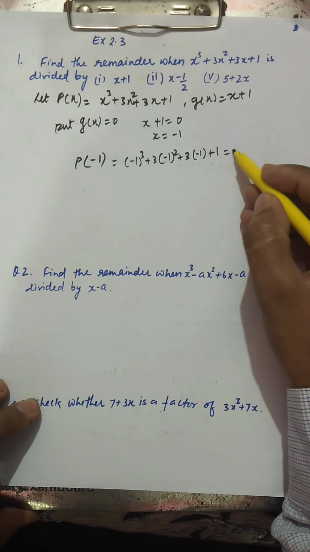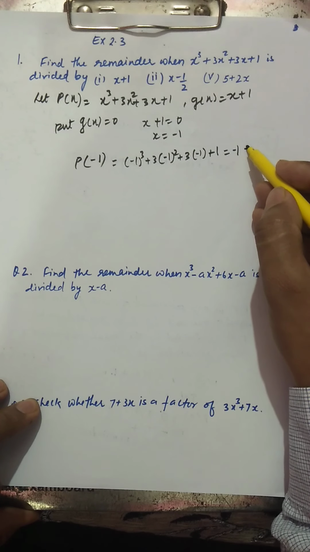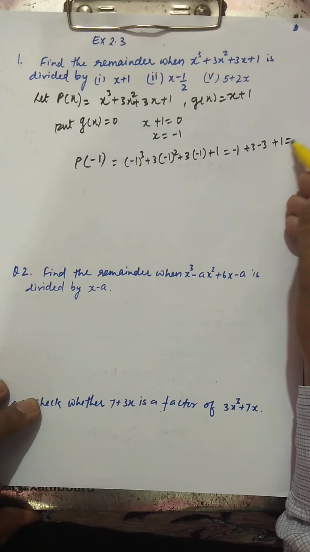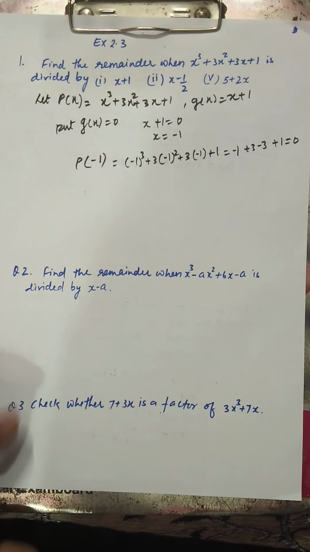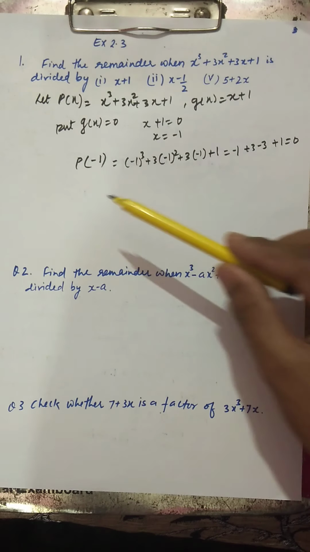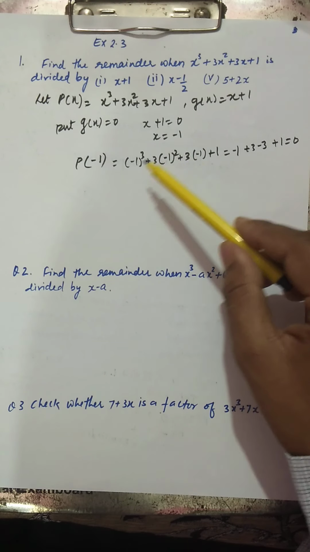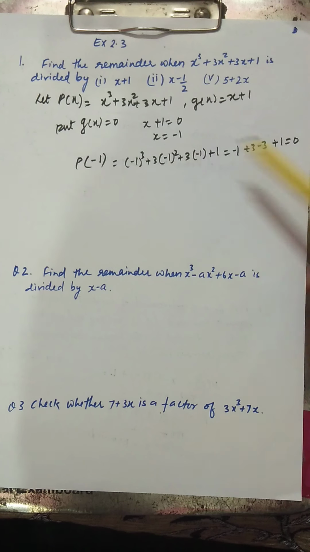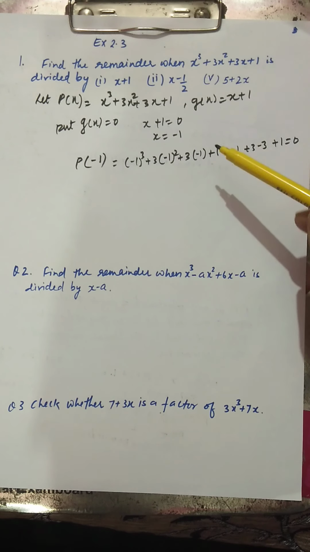So this becomes minus 1, this becomes 3, this is minus 3, and this is plus 1. So the answer is coming 0. It means that the remainder of this polynomial when it is divided by x plus 1 is 0. You can also verify this result.